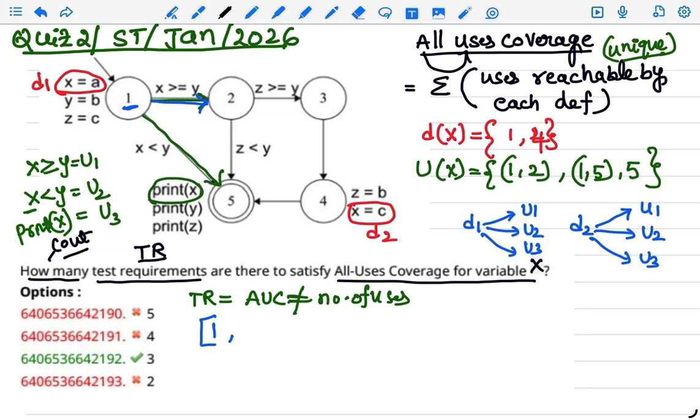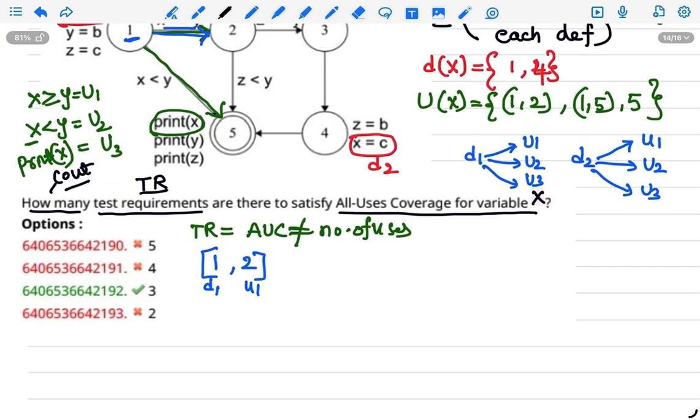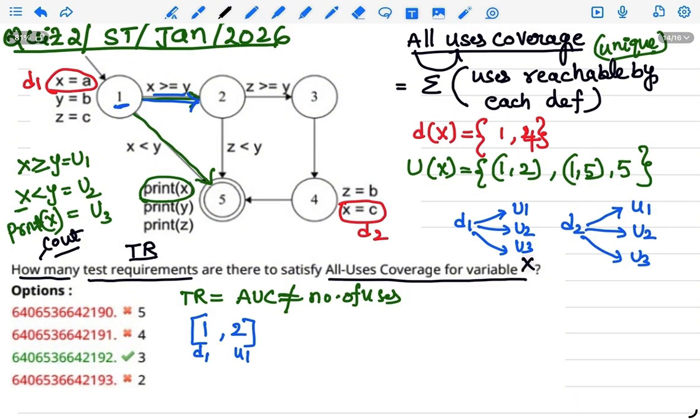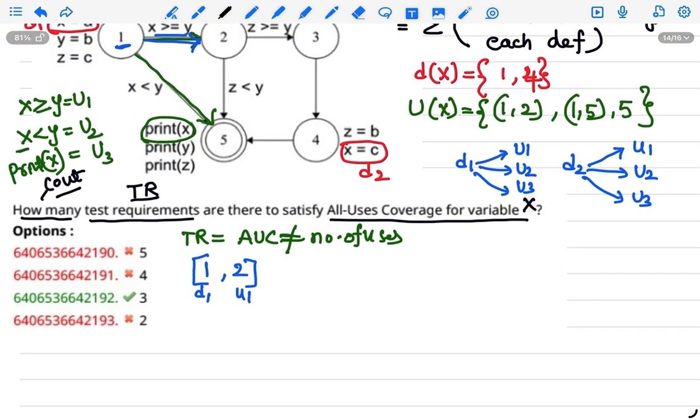That use is x greater than or equal to y, 1 to 2. So this is definition 1 and use 1, and the path is also clear. There is no redefinition between 1 and 2. So this is correct, valid. Next one is 1 comma 5.